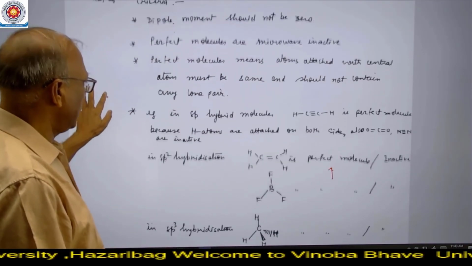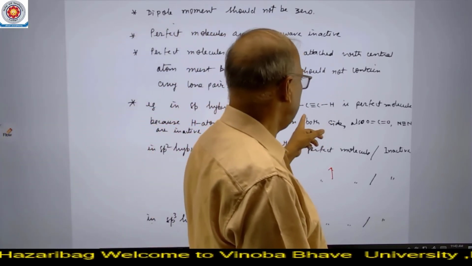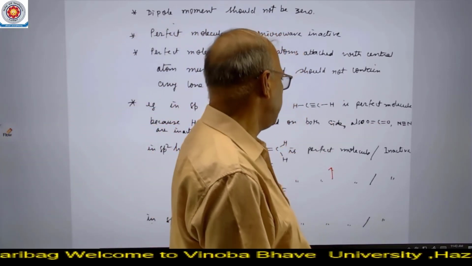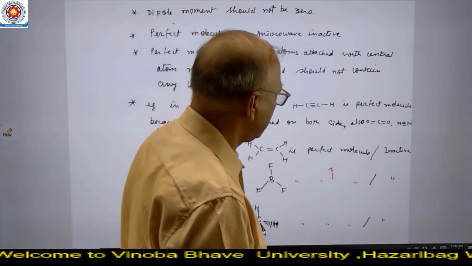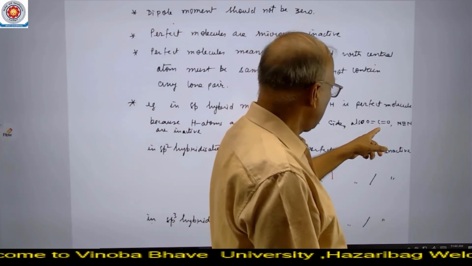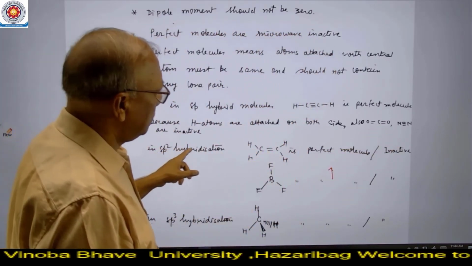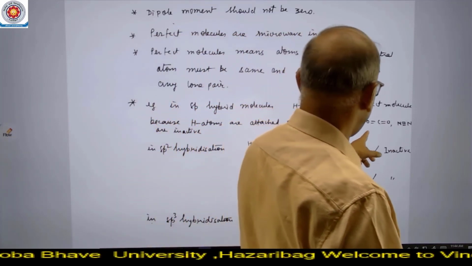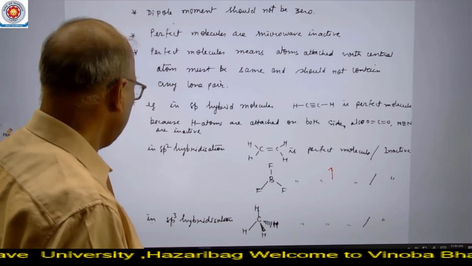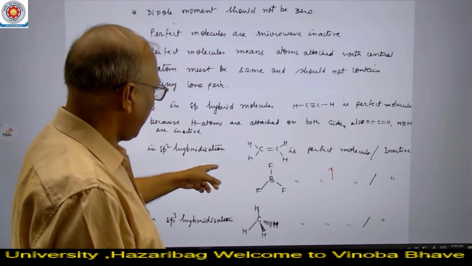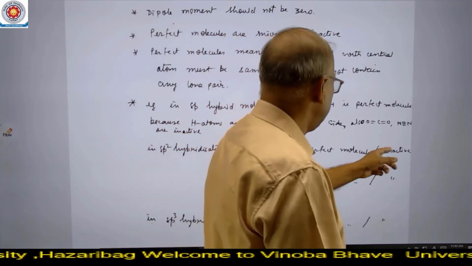For example, in sp hybridized molecules, acetylene is a perfect molecule because hydrogen atoms are attached on both sides. Also carbon dioxide and nitrogen are inactive. In sp2 hybridization, the ethylene molecule is a perfect molecule and it is inactive.